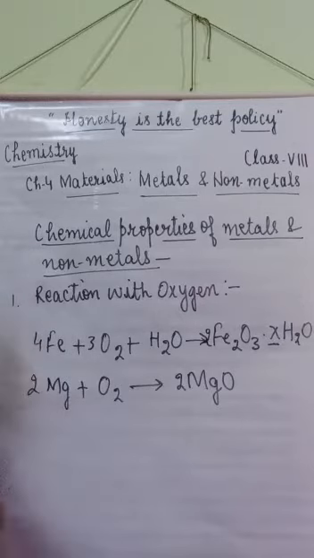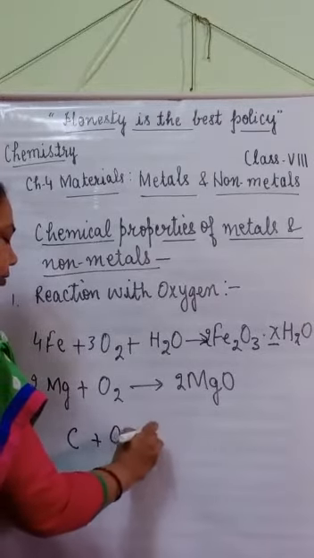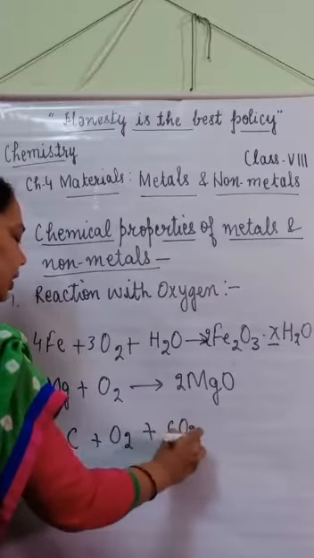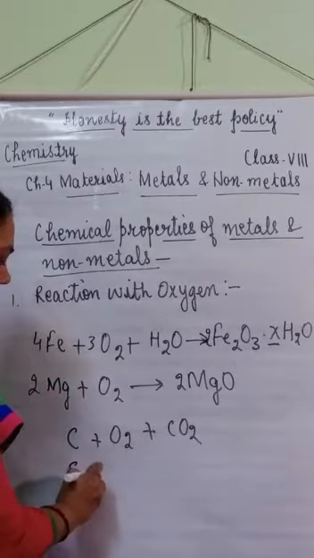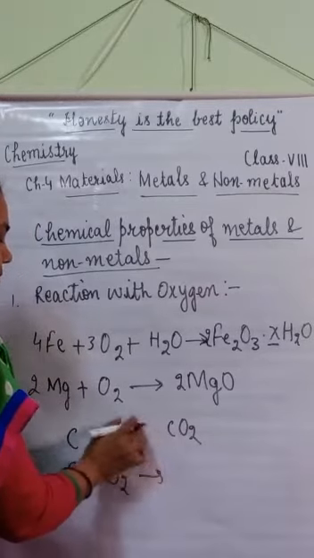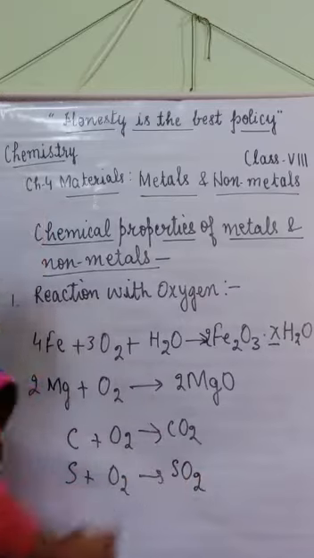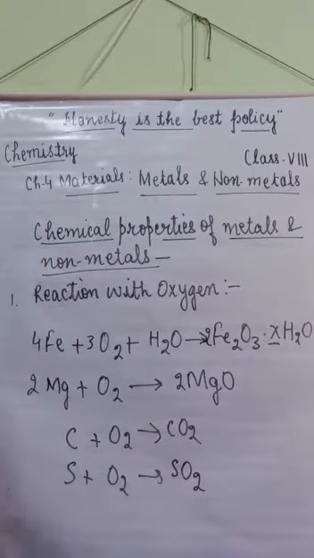Similarly, non-metals also react with oxygen and form their oxides, like carbon reacts with oxygen and forms carbon dioxide. Sulfur reacts with oxygen and forms sulfur dioxide. So metals and non-metals both react with oxygen and form their oxides.